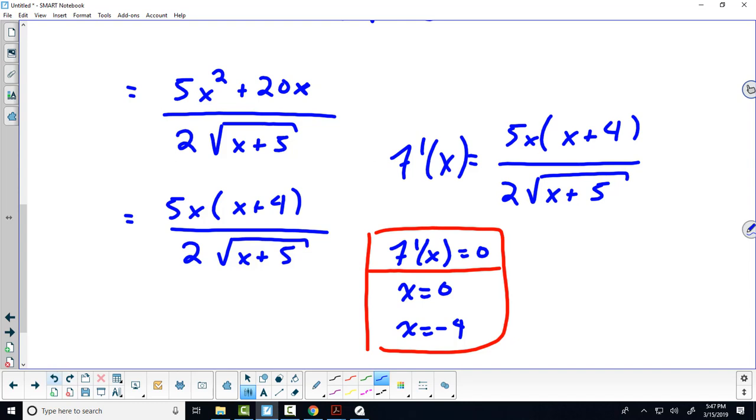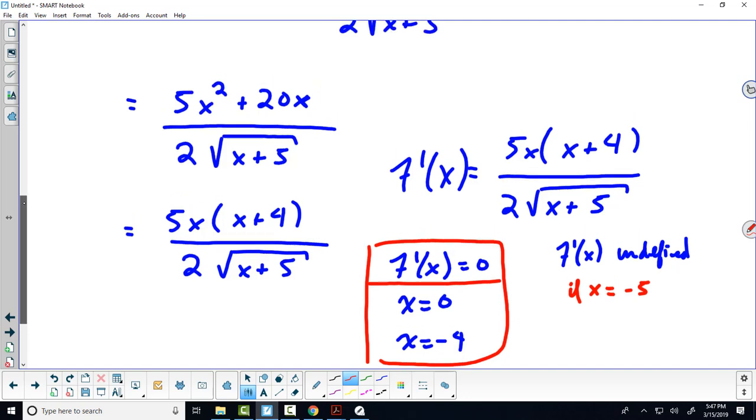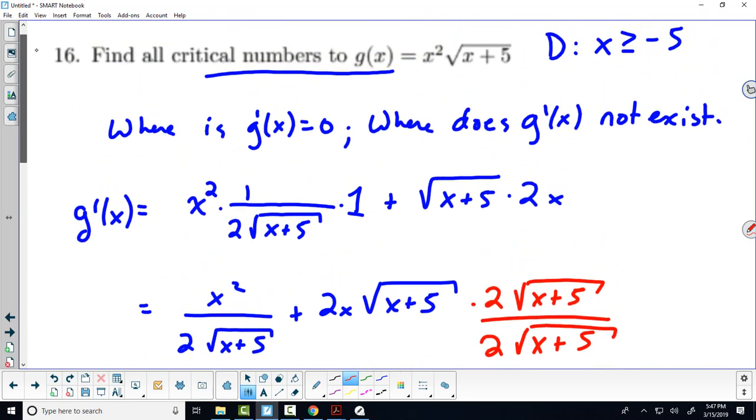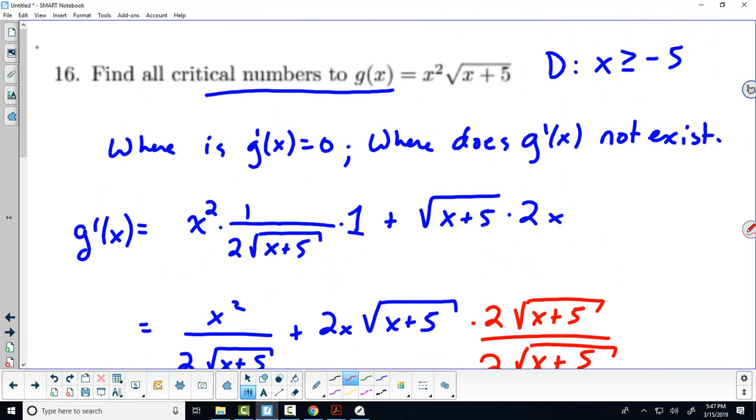The next question we ask is, where is f prime of x undefined? So this is a more interesting question. F prime of x is undefined if x equals negative 5. Okay. But if I go back to the domain of this function that we specified up here, I'm sorry I didn't highlight it so explicitly at the very beginning.